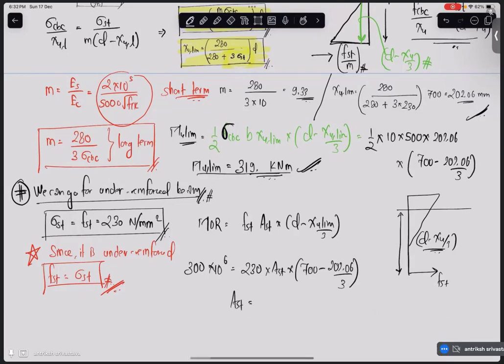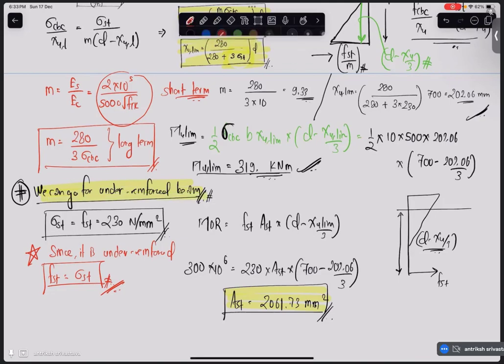AST is equal to 306 divided by 230 divided by 700 minus 202.06 divided by 3, which gives 2061.73 mm square. This is your answer. C.